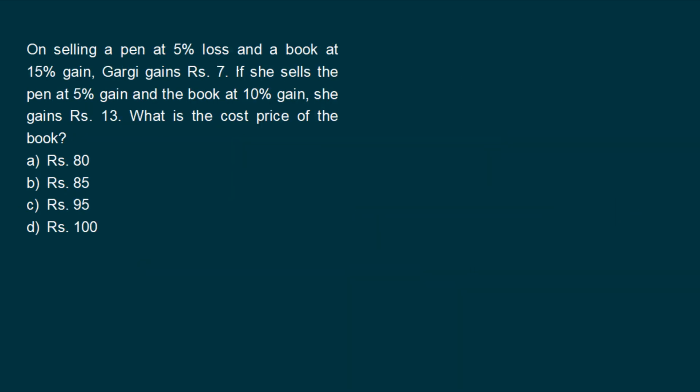On selling a pen at 5% loss, that means minus 5p by 100, and a book at 15% gain, plus 15b by 100, Gargi gains rupees 7. This is equal to 7. Can I write this as minus 5p plus 15b is equal to 700, where p and b are respectively the cost price of the pen and a book.